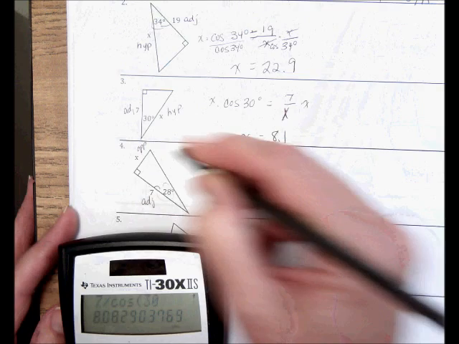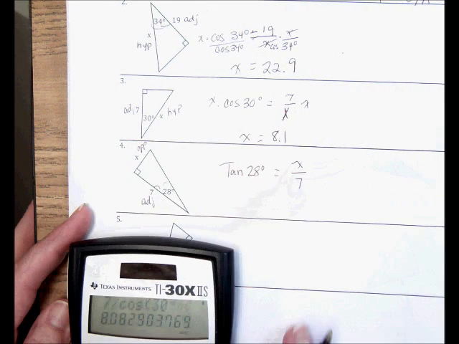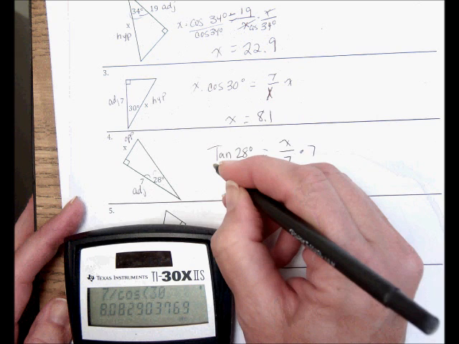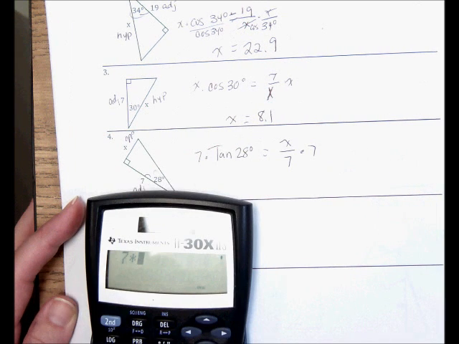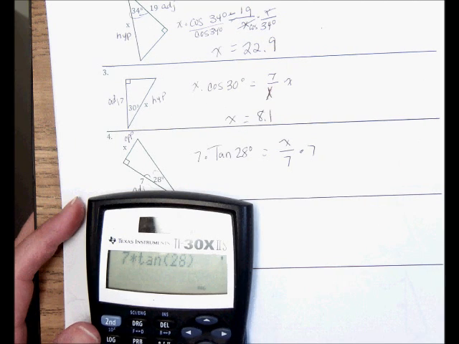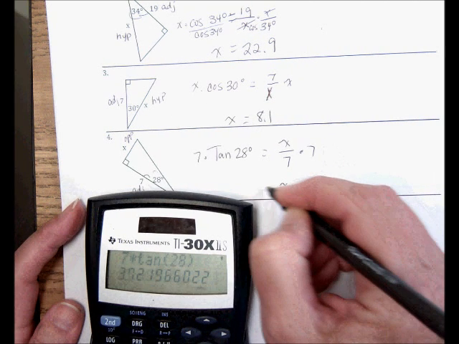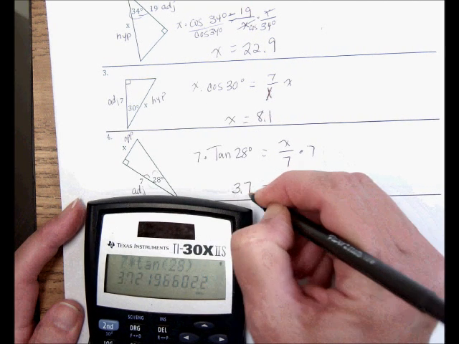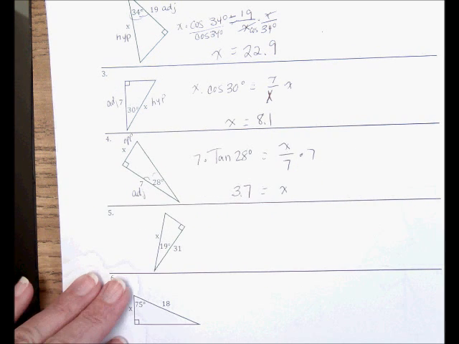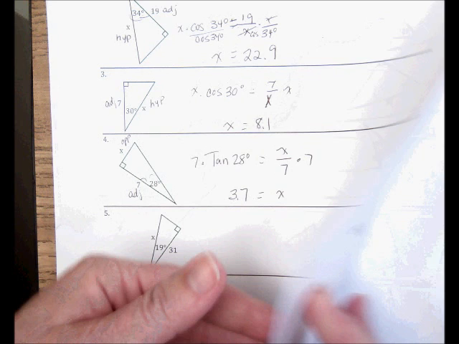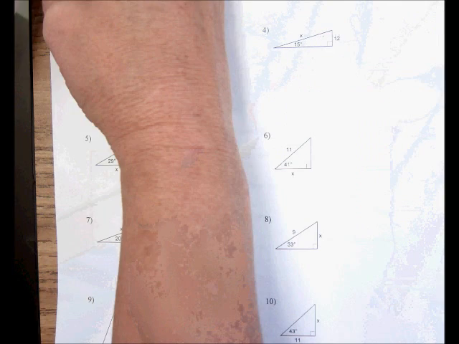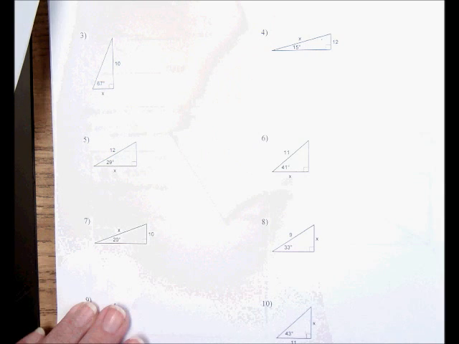Moving along, number 4 looks like it covers a different relationship. I have 28 degrees, the side that's adjacent, and the side that's opposite. So I look up at the top of my page, and the ratio that compares opposite and adjacent is tangent. So I have tangent of 28 degrees is equal to x over 7.